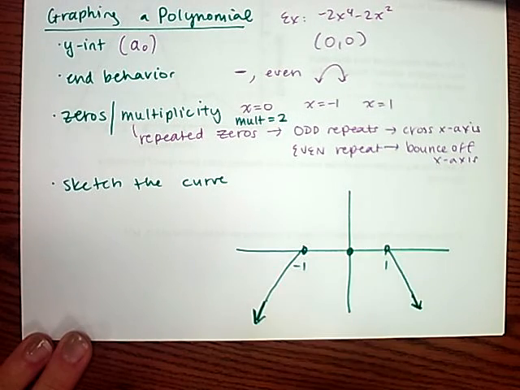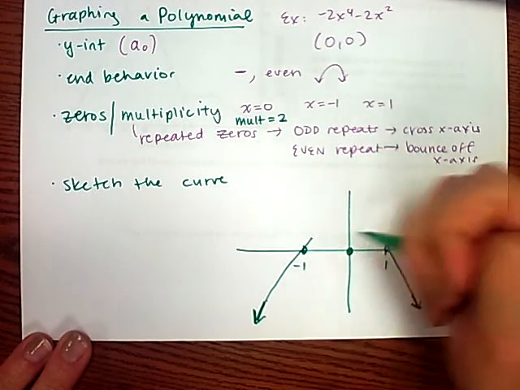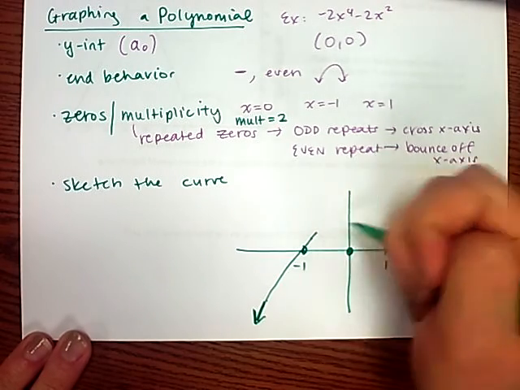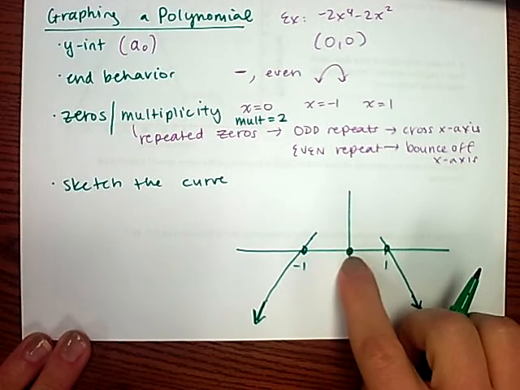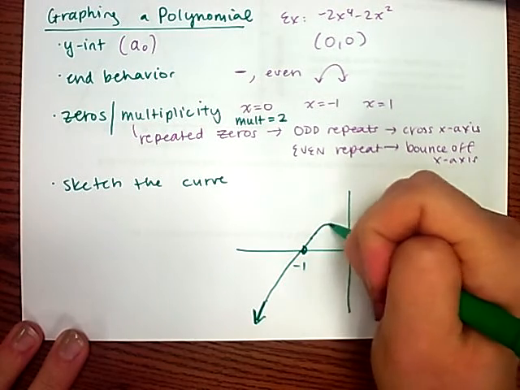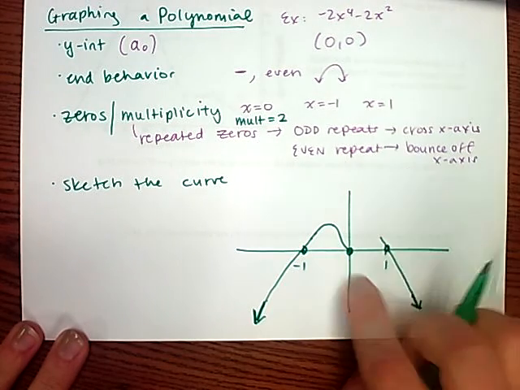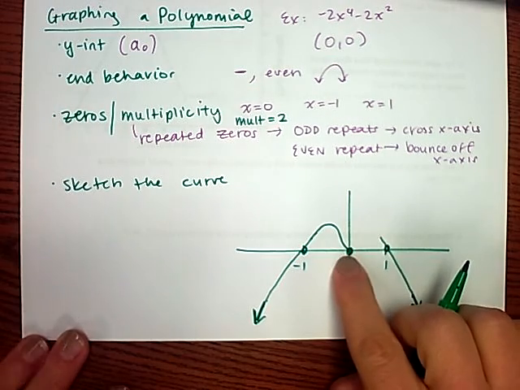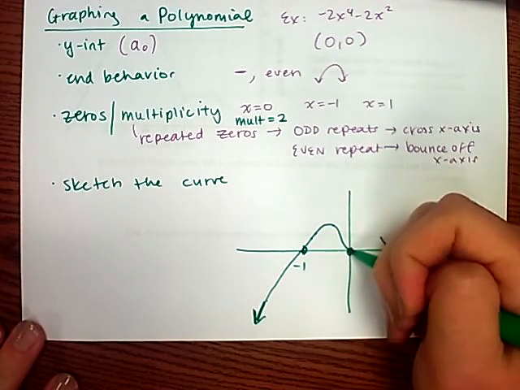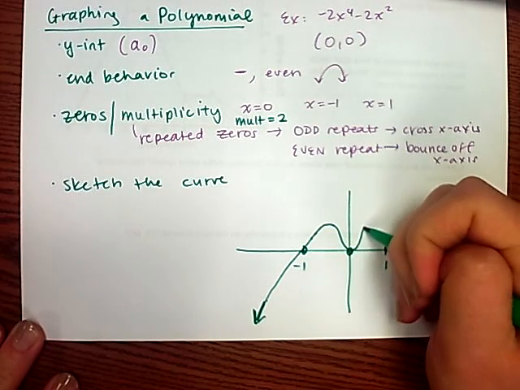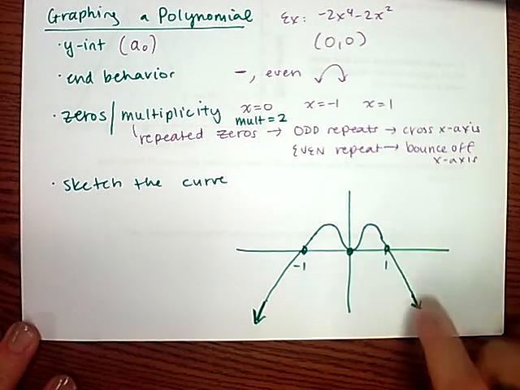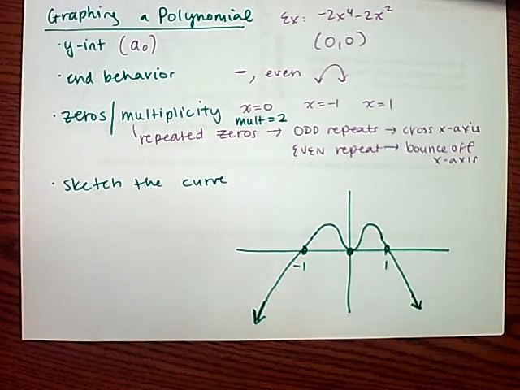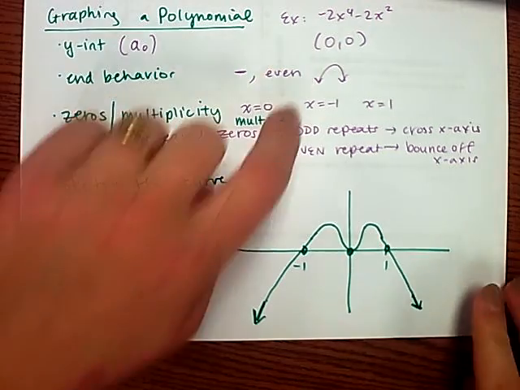Well, the multiplicity is 1, so I'm going to keep going through it. Right? And now I have to get back down to this 0, so I got to turn. But once I get here, because my multiplicity is 2 at 0, I'm not actually crossing over, but I'm coming back up. And now I need to turn once more to get to my other 0. And this would be some rough sketch of this function.